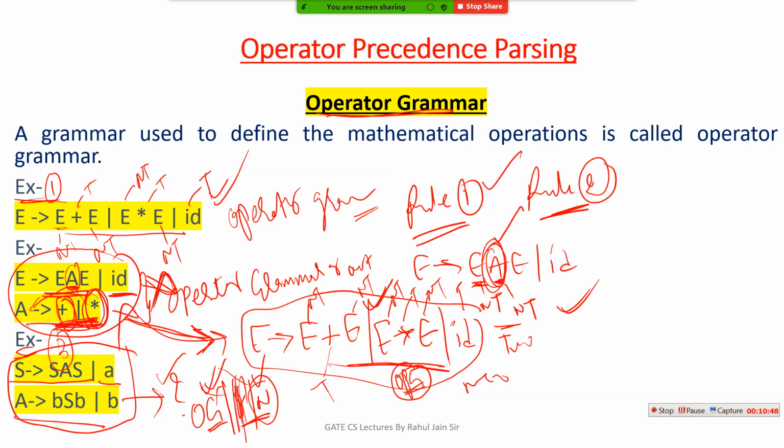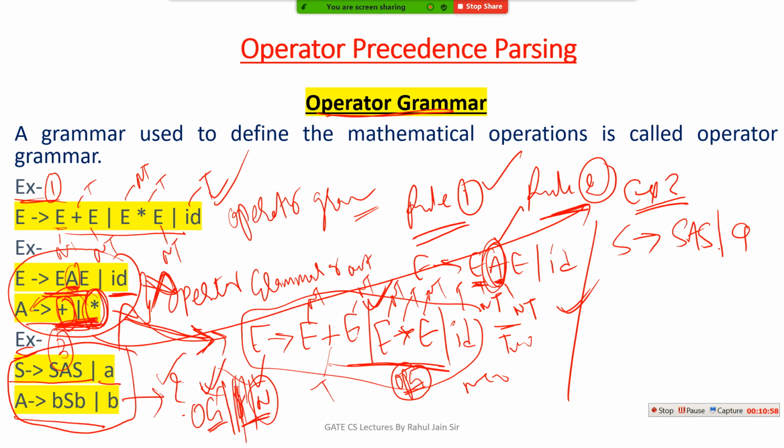Correct, correct answer, guys. So my grammar was S derives S A S and A derives B S B and B. I am talking about example 3. This grammar is not an operator precedence grammar because two non-terminals are adjacent.